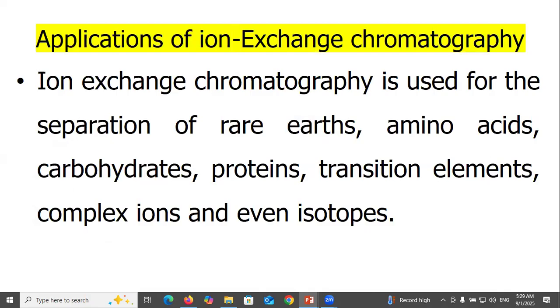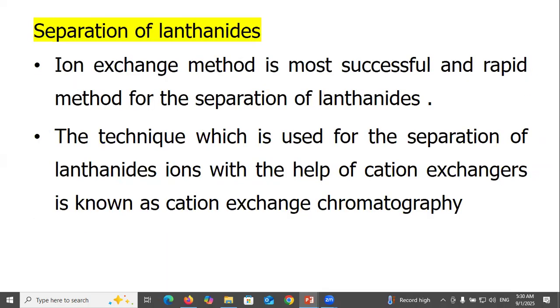Application of ion exchange chromatography. Ion exchange chromatography is used for the separation of rare earths, amino acids, carbohydrates, proteins, transition elements, complex ions, and even isotopes. Separation of lanthanides: ion exchange is the most successful and rapid method for the separation of lanthanides.